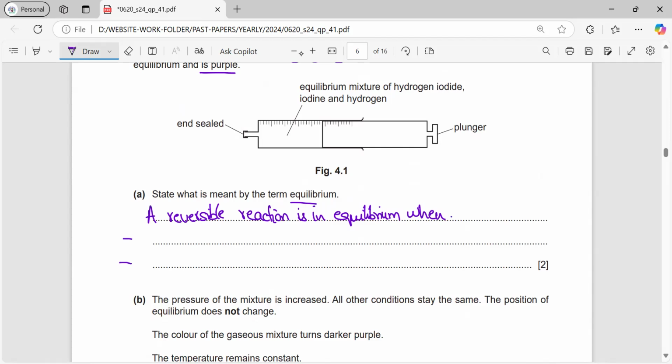The first point is when the rate of forward and backward reactions become equal.